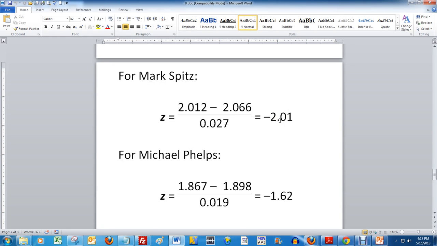If he's a further standard deviation measure away, that means it took him less time comparatively when you weight it for the performances in his heat in 1972 than it took Phelps in his heat in 2008. So my vote is in the 200-meter butterfly, Mark Spitz is the more impressive butterflyer.